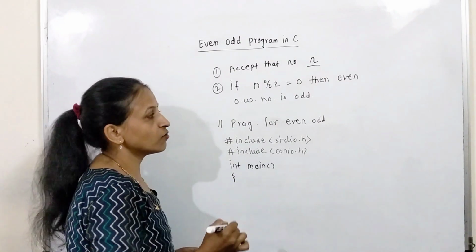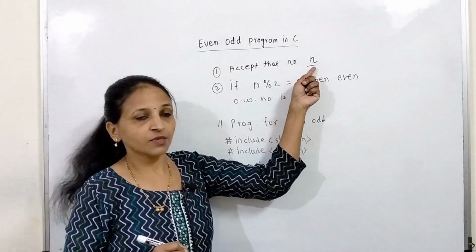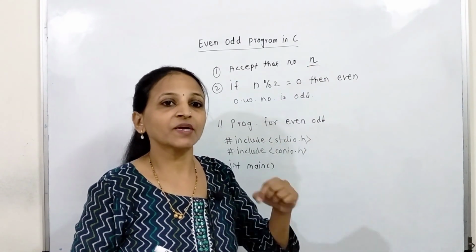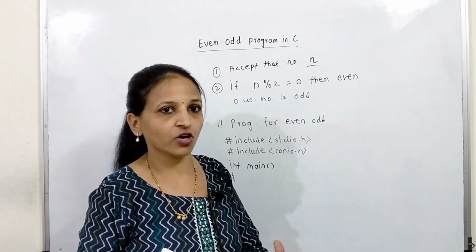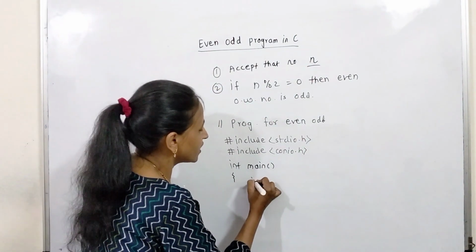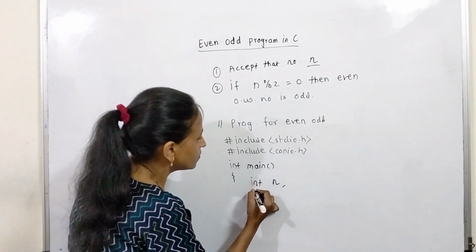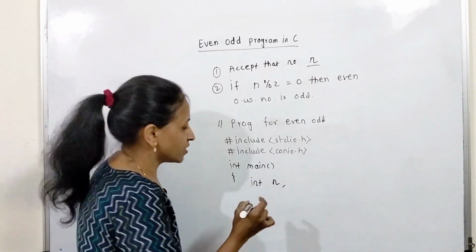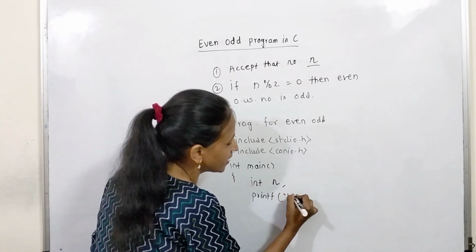Now here we have to declare one variable, because I want to accept that number from the user. That number is an integer variable, a whole number that I am going to accept and check for even or odd. That's why we declare one integer variable, int n. Next we first have to accept that number from the user. So we will give a message to the user like printf enter any number.